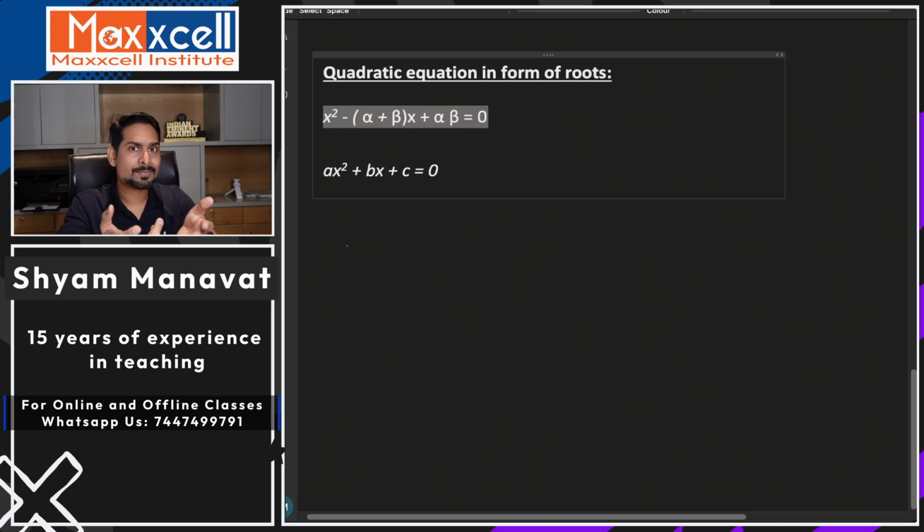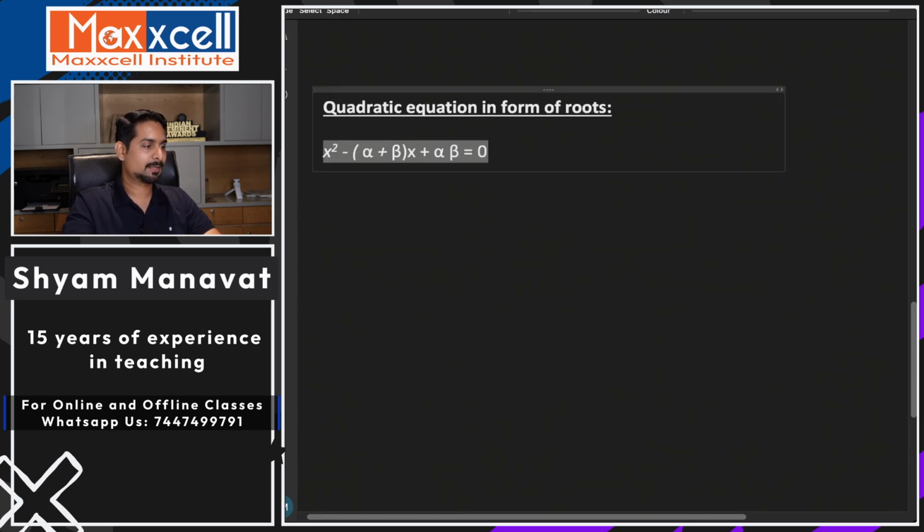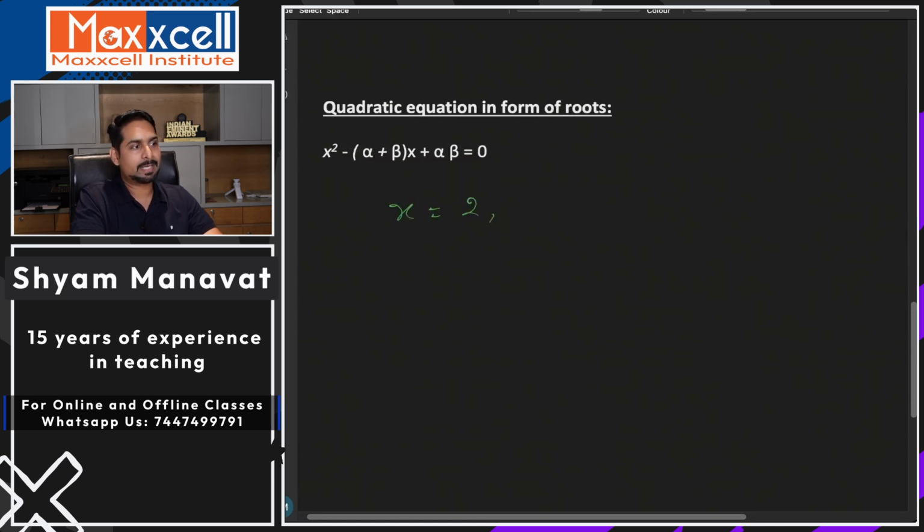What are roots? The values of x when you solve the equation. If the values are given, then this is the equation in form of roots. Let's try this. Suppose the roots of quadratic equation are, let's say, 2 and minus 5. Then what will be the quadratic equation?